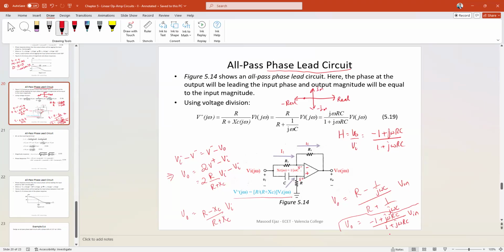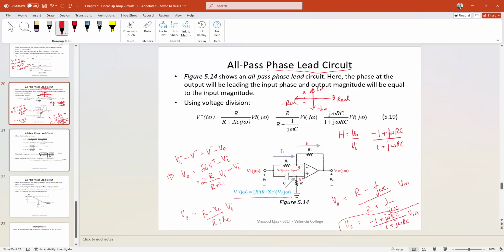Negative 1 is going to be here, and any value of j omega RC is going to be on the positive imaginary axis. So let's say you have this value, and it is going to be in the second quadrant. So all of the values in the numerator are in the second quadrant. That means the phase is between 90 degrees and 180 degrees for the numerator. And the phase of the denominator will be between 0 and 90 degrees because that's in the first quadrant.